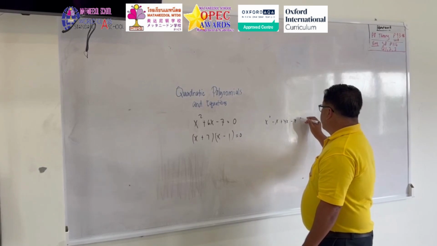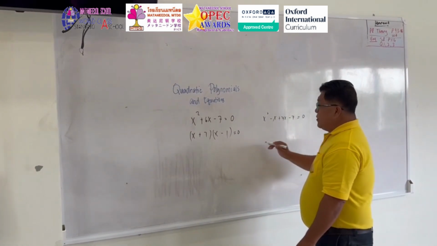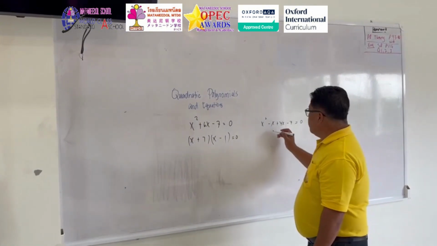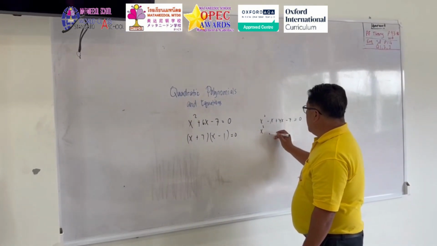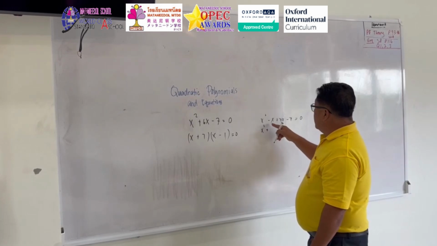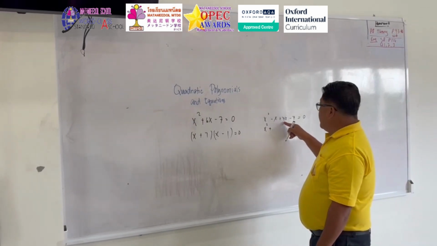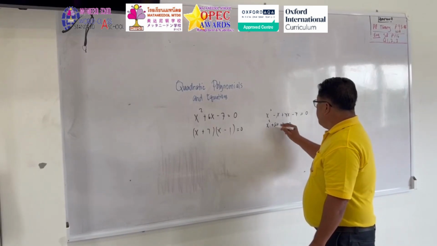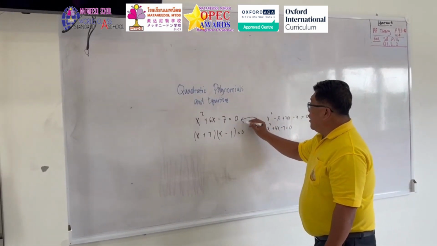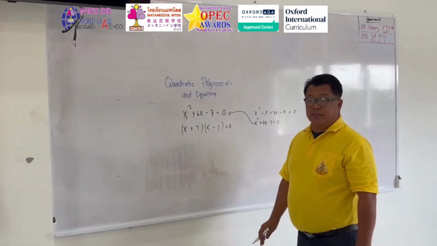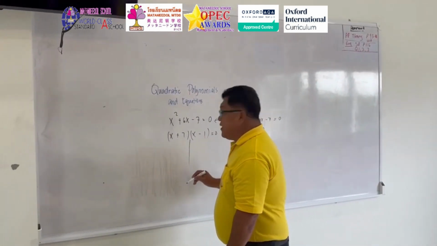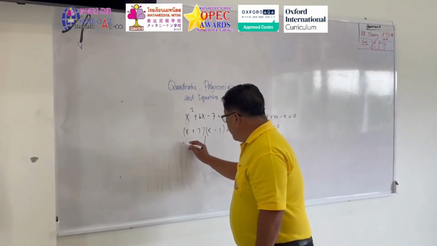At the same time, copy 0. Then combine like terms. So x squared plus negative x plus 7x, 6x minus 7 equals 0, meaning our factored number is correct.